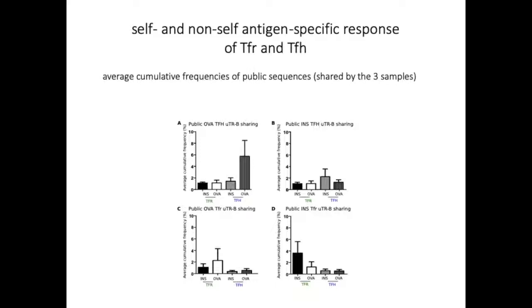And here you can see that the public insulin uTR-B from immunization with insulin are a bit more expressed in these samples. So when you force the system, you have the impression that you can detect more of an OVA-specific response in the OVA TFH and more of an insulin-specific response in the insulin TFR.